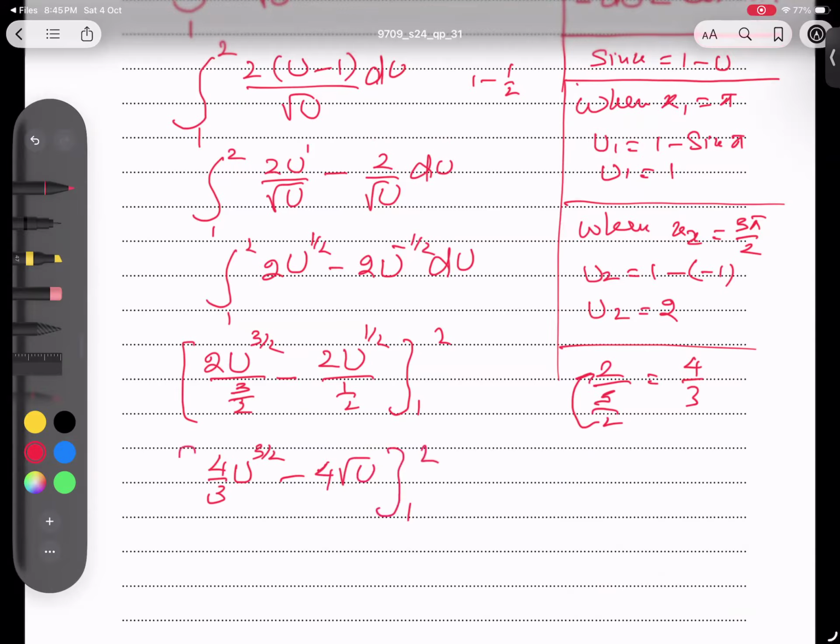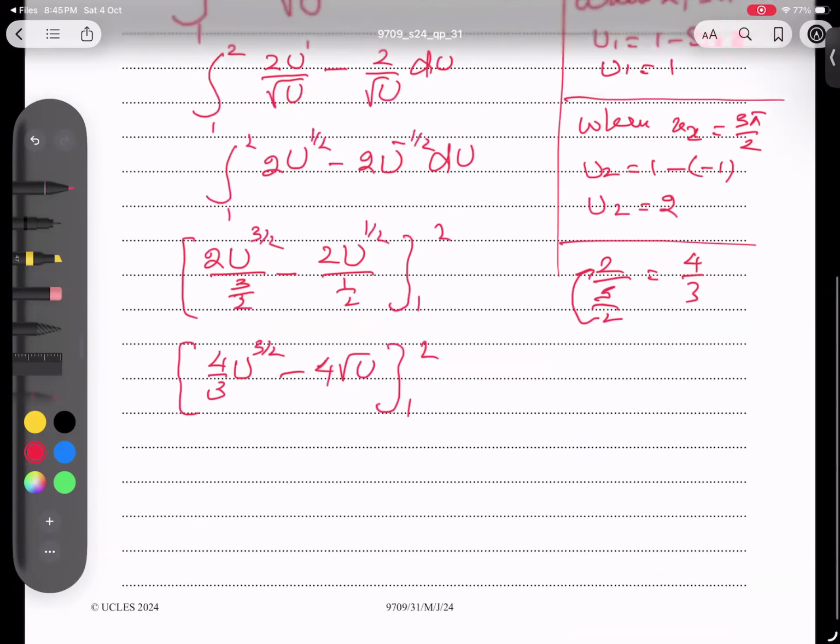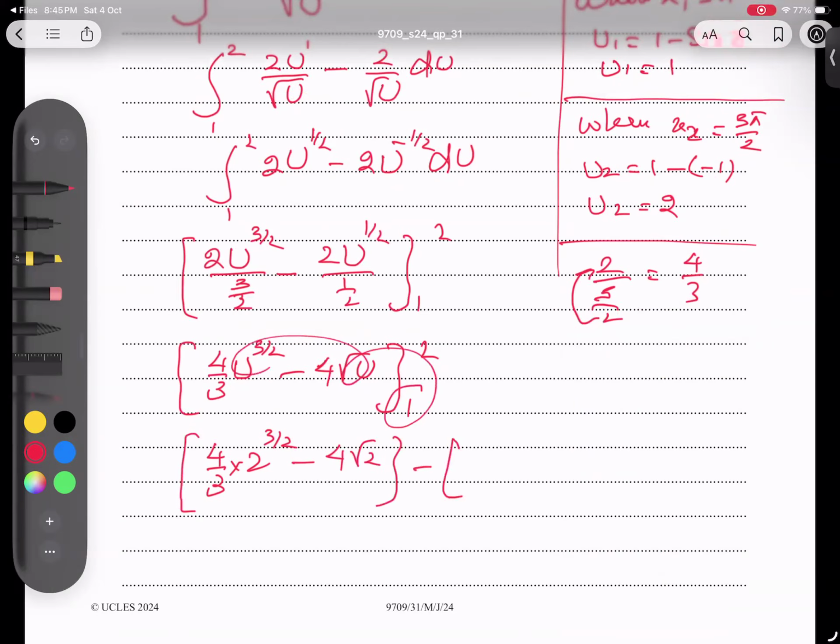For the 1 to 2 limits, I'm going to plug in the limits. First, I plug in each u by 2. So 4 over 3, 2 to the power 3 by 2, and 4 root 2. This is called the upper limit done. Minus. Now replace every u by 1. 1 to any power is the same, it is 1 only. I think you got the point.